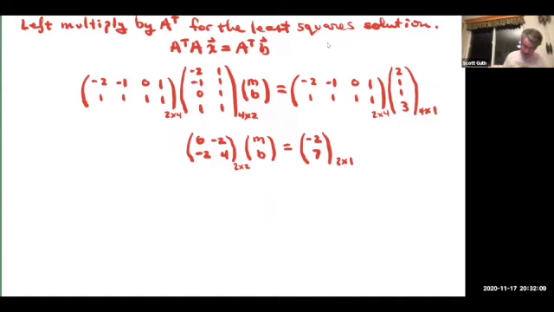and you can solve it any way you like. I'm going to go ahead and go this route. So I think I'm going to switch row one and two.